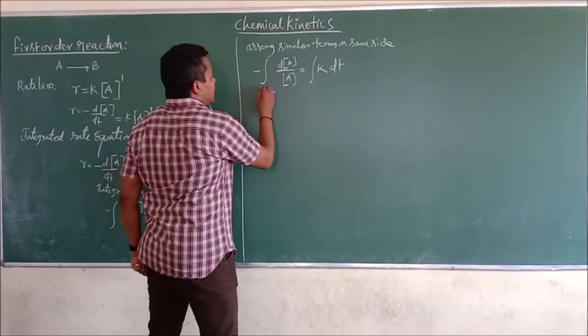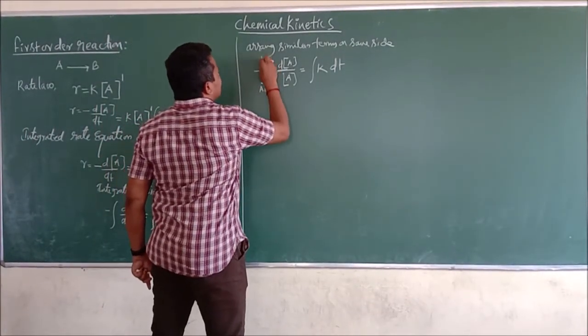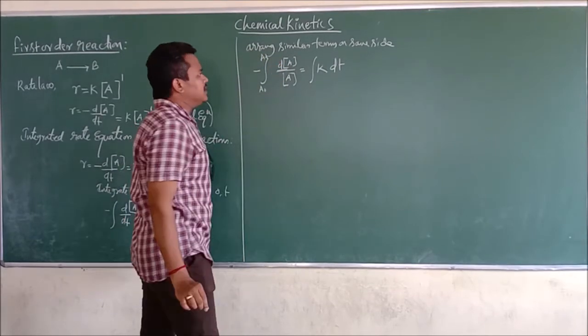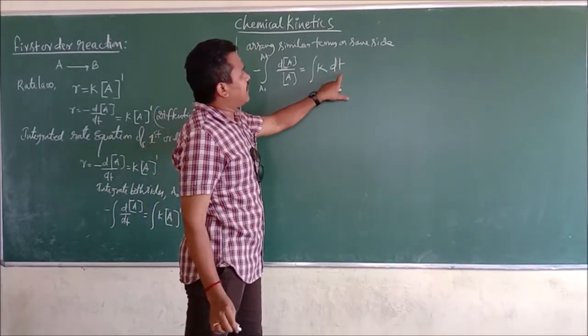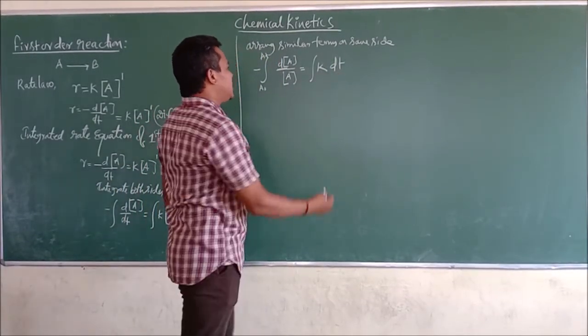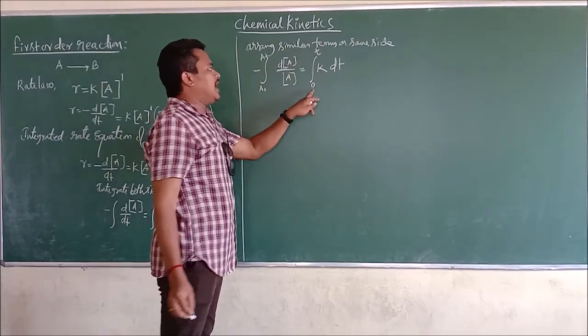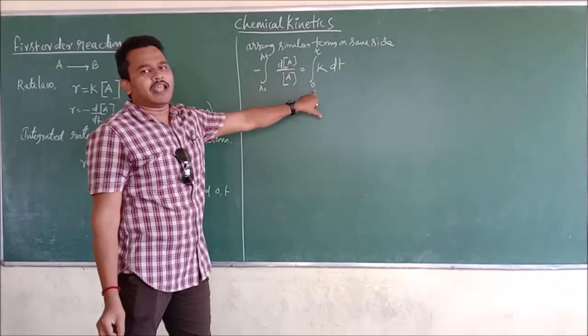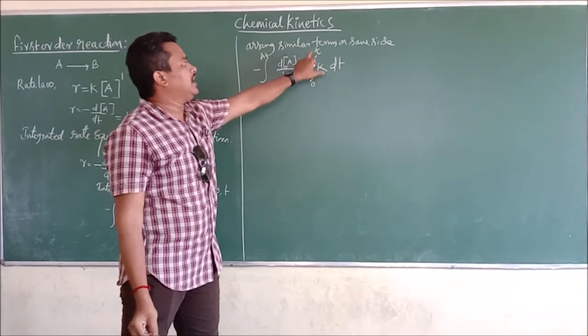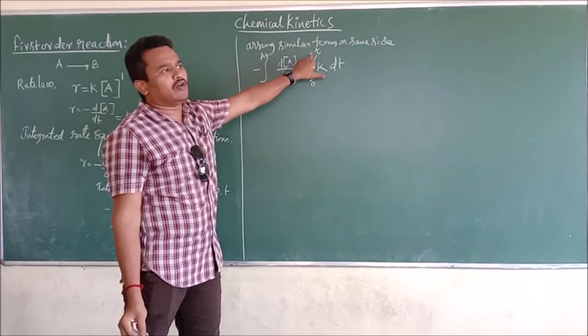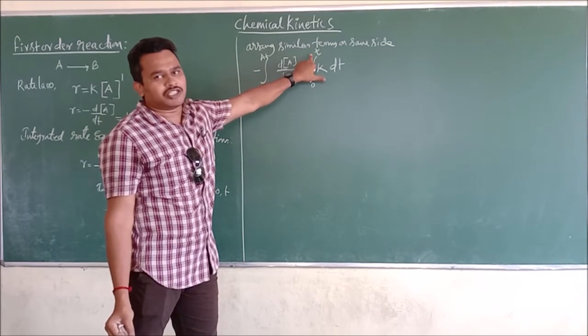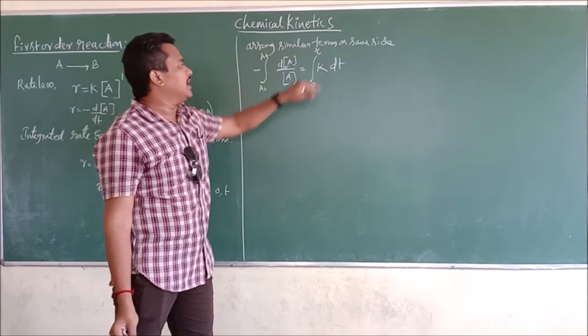For this dt, the time term, the limits are 0 time to some time t. 0 is the time where the reaction has not started. t is the time where we are going to measure the concentration of the reactant.